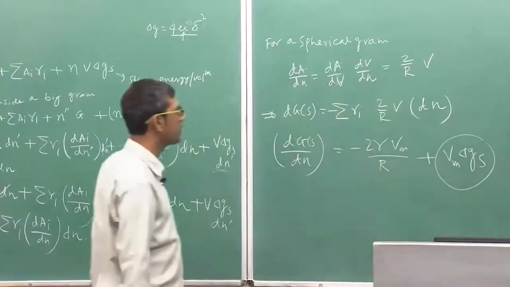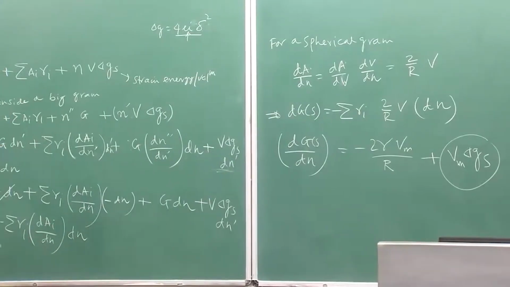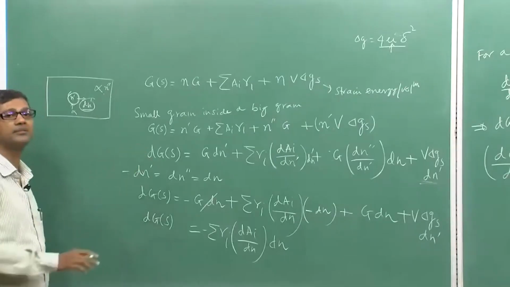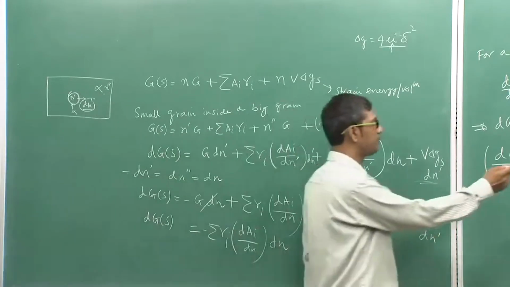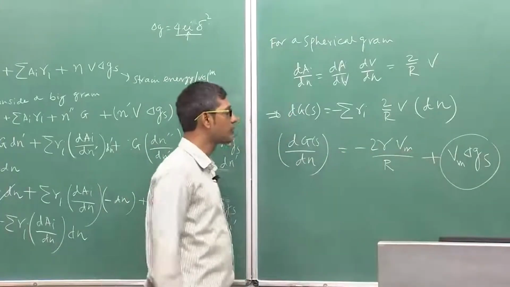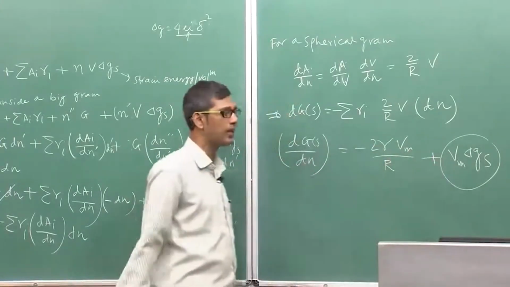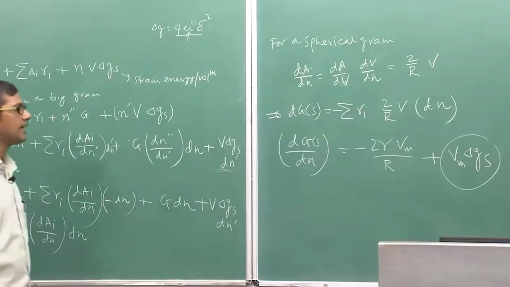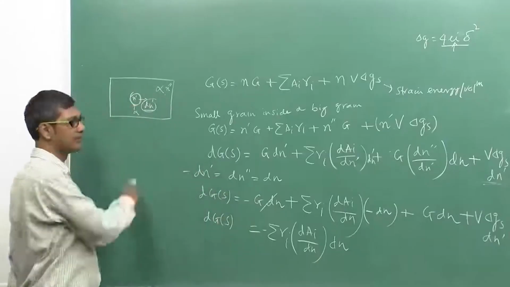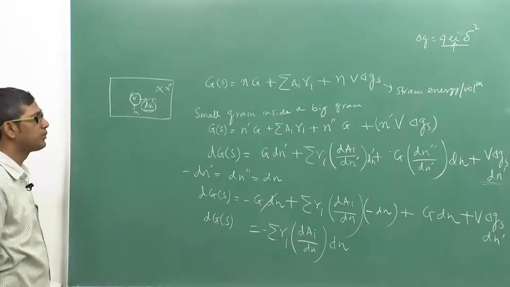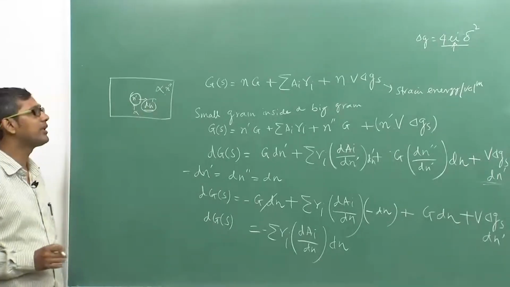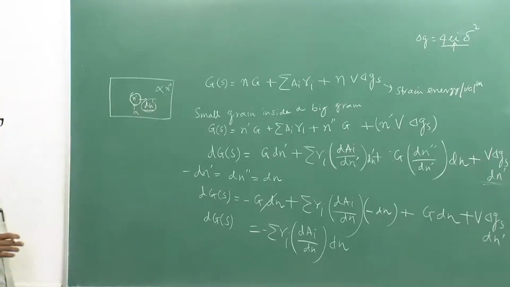If it is a semi-coherent interface, still it is small, but not as small as coherent. But if it is a completely incoherent interface, delta Gs is very, very high. Because of very high delta Gs, this negative term can be completely swamped or taken over by the positive value of the Vm delta Gs. And in that case, this grain will remain inside this large alpha grain and you cannot remove it. So, that is the actual effect of strain energy on the whole phase transformation.